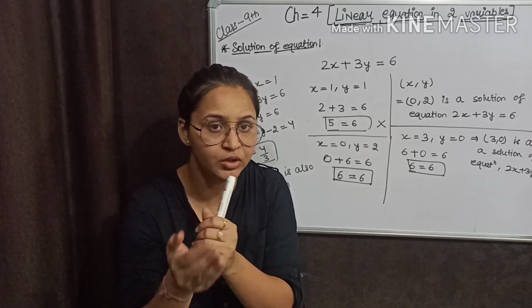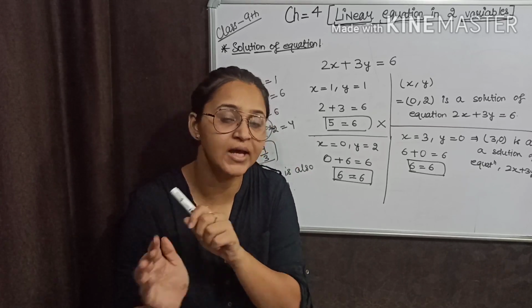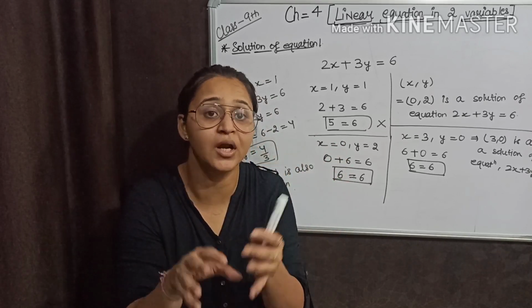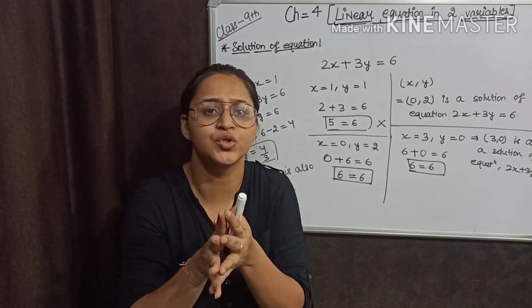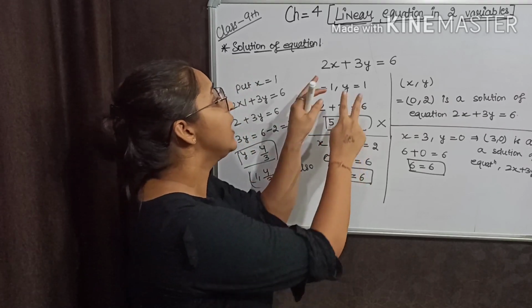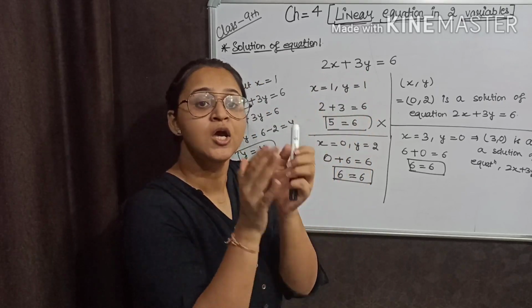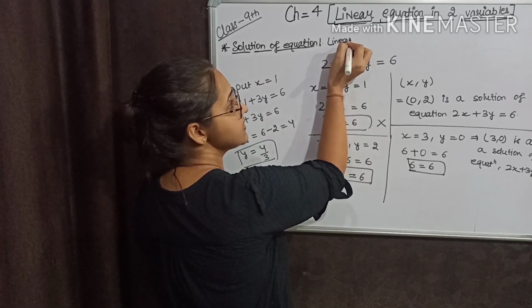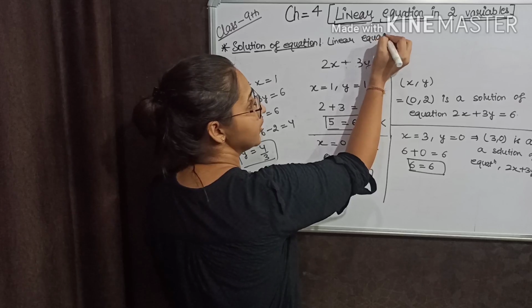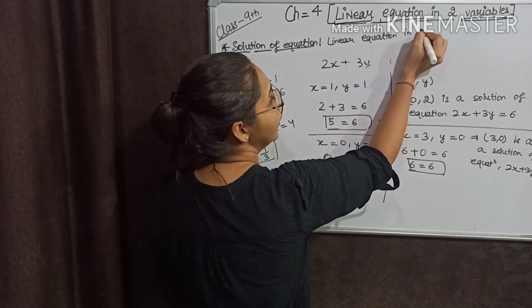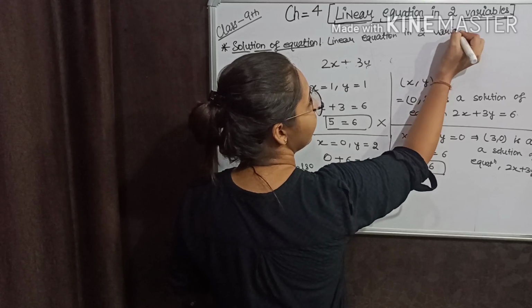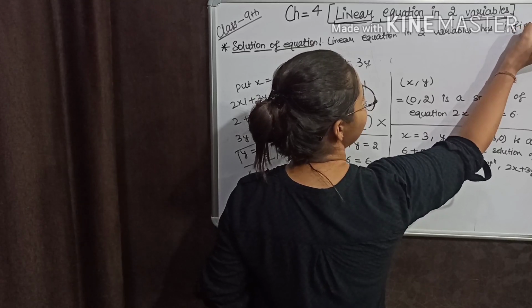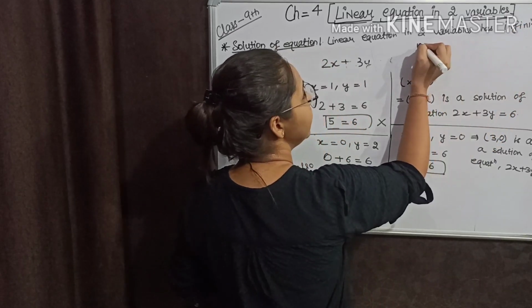So in this manner, you can find many more solutions. If you put x is equal to 2, then you will get the corresponding value for y. If you put y is equal to 2, then you will get the corresponding value for x. And in this manner, you can find so many values of x and y that will satisfy this equation. So I can say that a linear equation in two variables has infinitely many solutions.